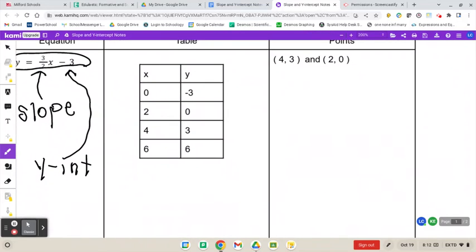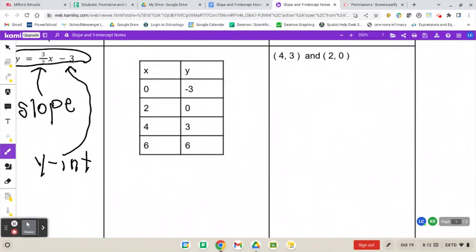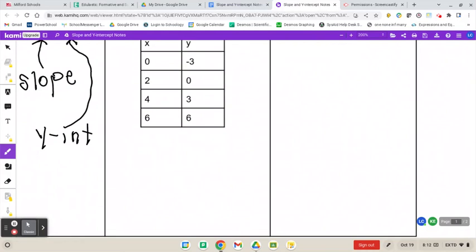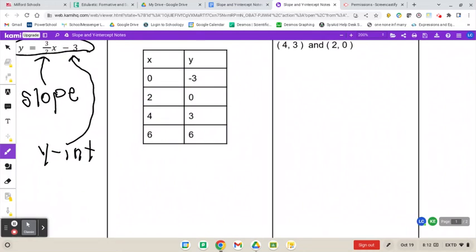Now, you should know from the table that you do the formula. Sorry if it's kind of muffled. Okay. So you do y minus y divided by x minus x. You can pick any y's you want. So I'm going to pick this one and this one.